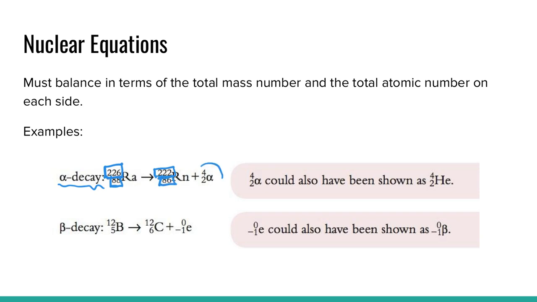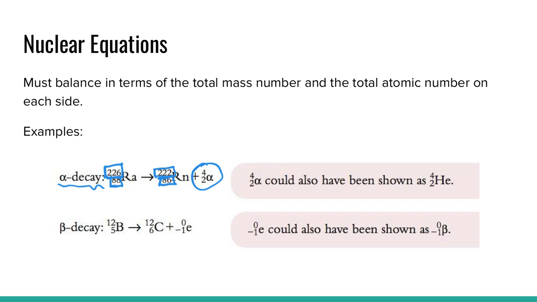So we're going to create this alpha with the 2 and the 4 as well. When a nucleus undergoes alpha decay, the mass number goes down by 4 and the atomic number goes down by 2. So the element it produces is going to be 2 places to the left on the periodic table.